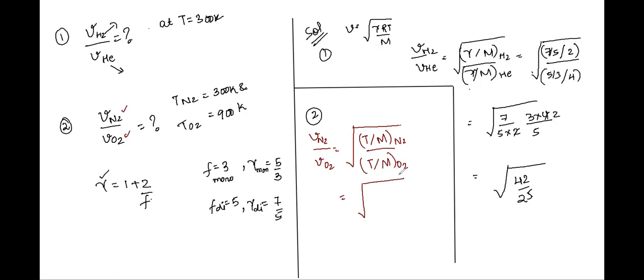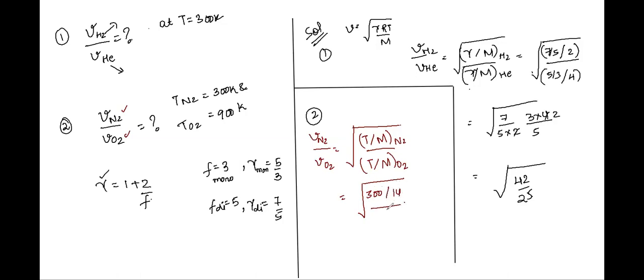Root of 300 by 9. Try. T is 300 for nitrogen, so 300 by 14.